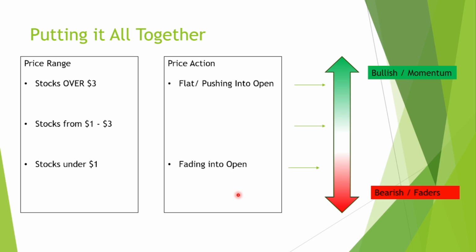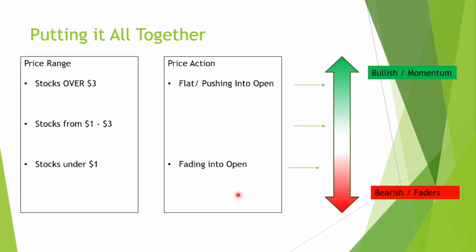For price action, we want flat or pushing into open, and fading into open usually results in bearish. So for next week, if we see a penny stock that's fading, there's a higher chance that it fades. If we're looking at stocks over $1 that are pushing into open, those are going to be higher on the list.